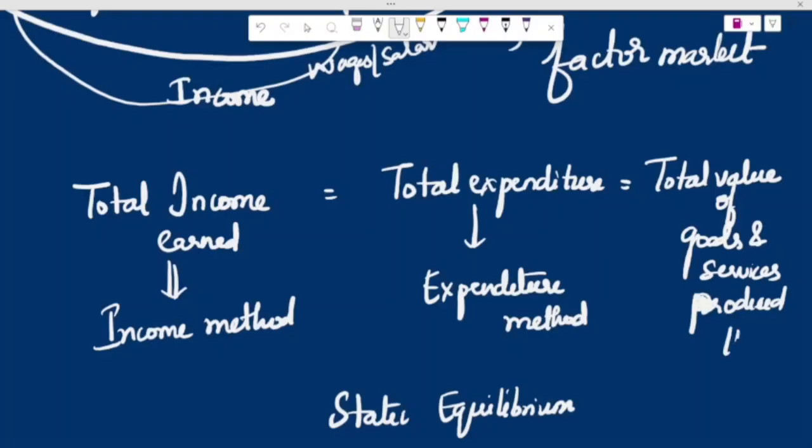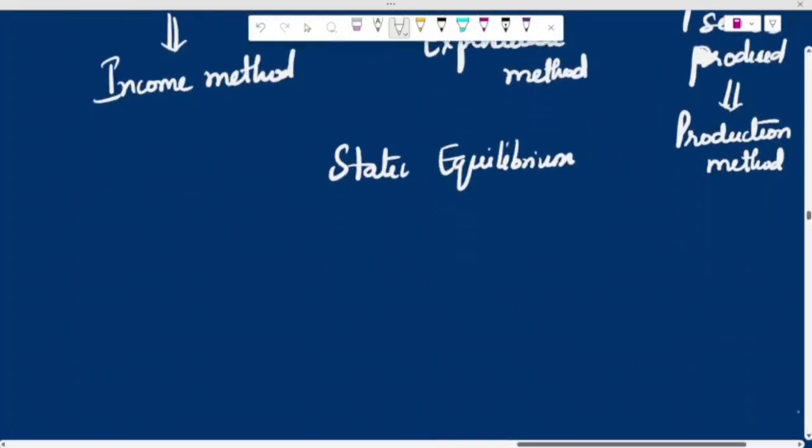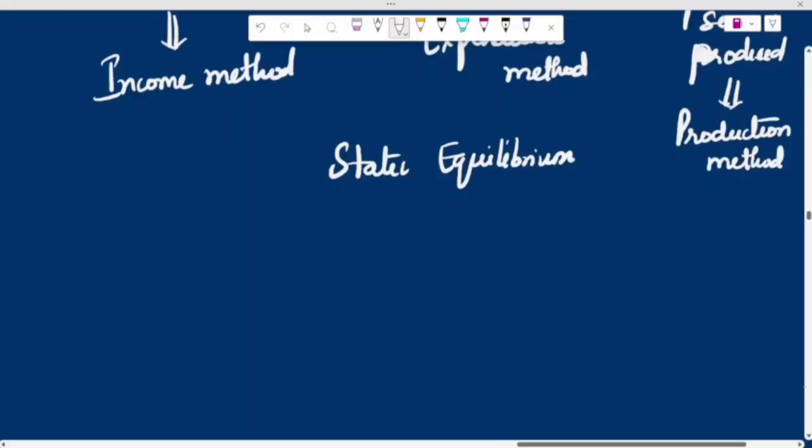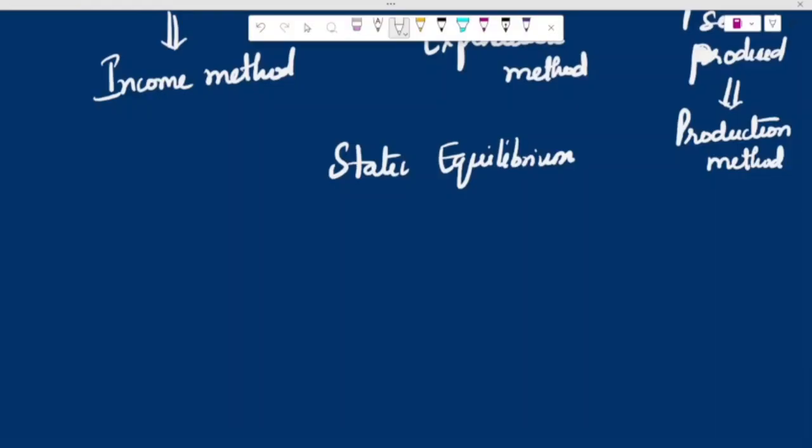Here there is no government intervention, people are buying goods and services from only one company, and they are not saving. At that time it will be in static equilibrium, but the economy won't be this simple. It will be a little complex.